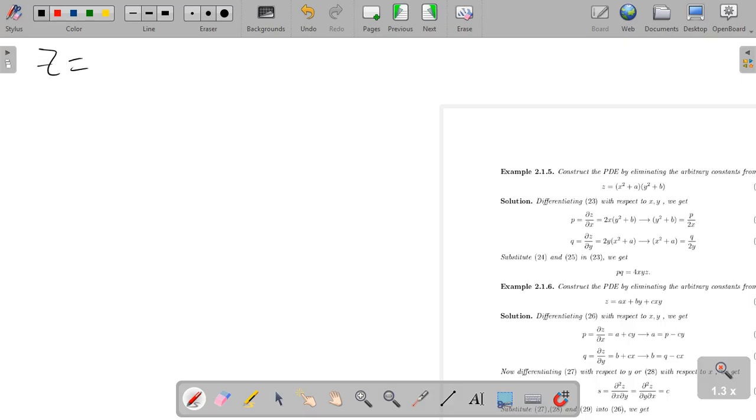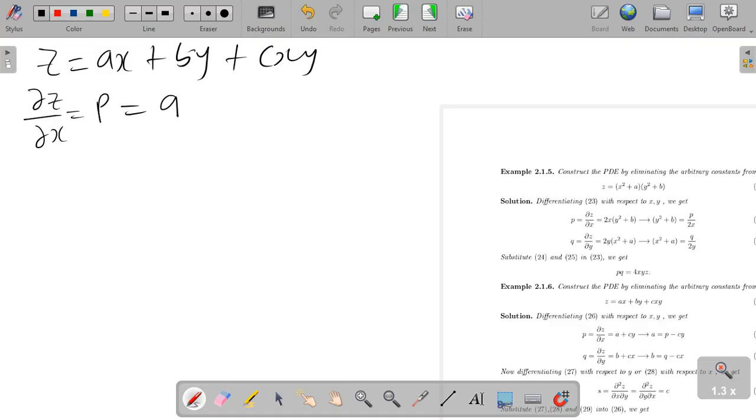Okay, so now we have 3 constants. So we are going to differentiate 3 times. So differentiating 3 times, the first one should be partial z over partial x, which we can call p, is equal to, differentiate here with respect to x, I have a plus, sorry, not product rule.